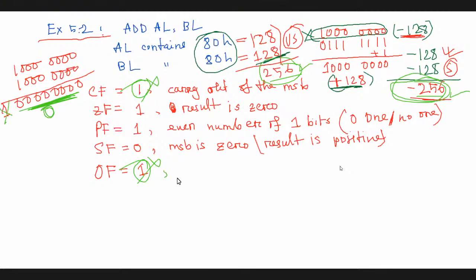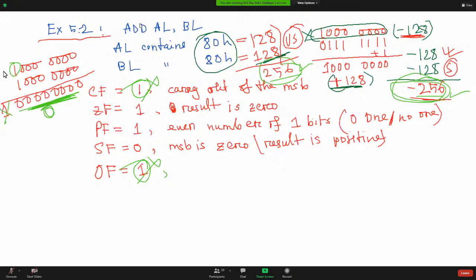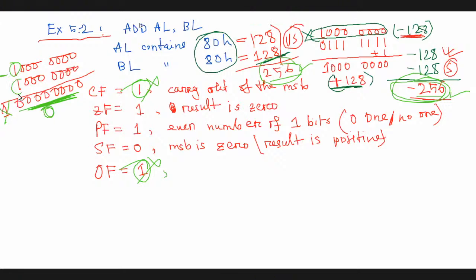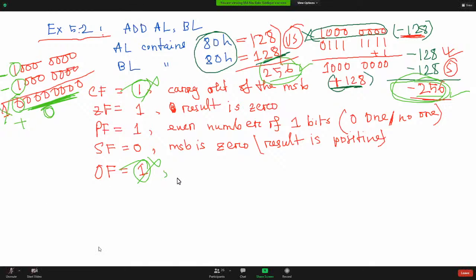Signed overflow occurred. So you can also take this into account: minus plus, right? So the sign of the result is not equal to the sign of the added numbers.